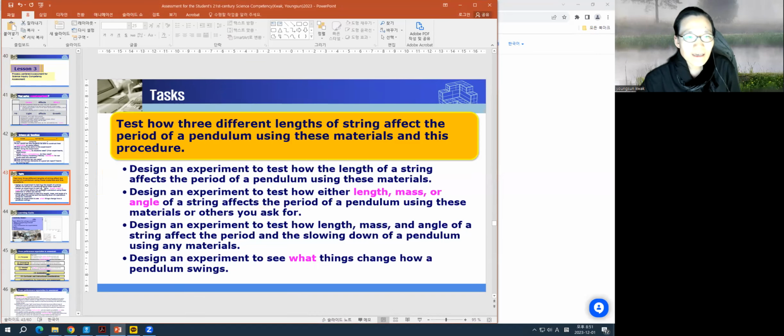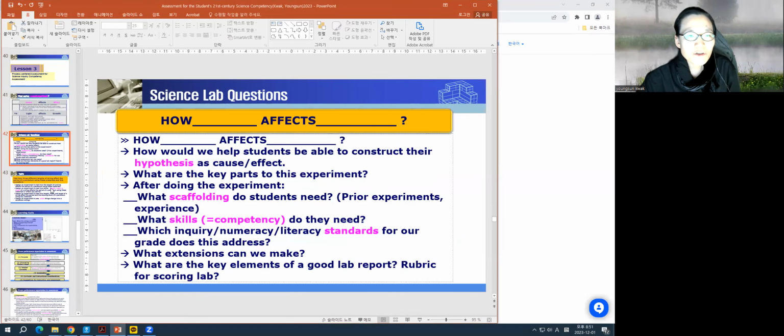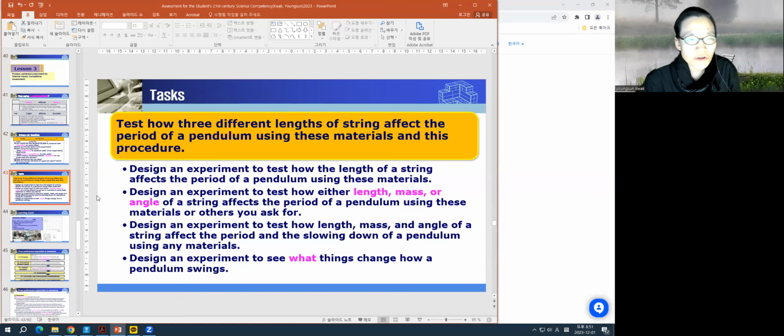Okay, and then we talked about whenever you set up an experiment or investigation, we needed to talk about independent and dependent variables. For example, if we want to test how 3 different lengths of a string affect the period of a pendulum using these materials and this procedure, you need to let your student design an experiment so that they can test this hypothesis.